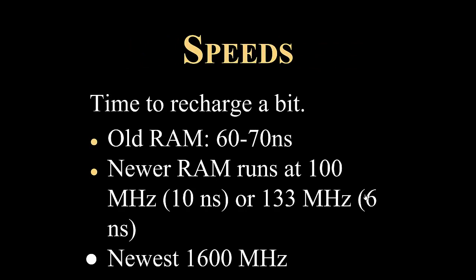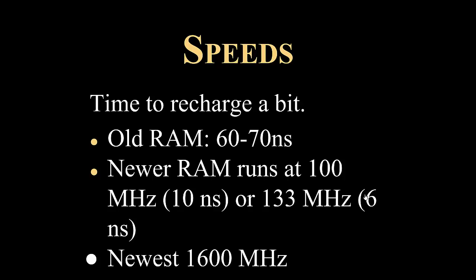Another way you can look at it is the time to recharge a bit, to keep it 0 or 1 in place. In old RAM, that was 60 to 70 nanoseconds. That's really old RAM. In newer RAM, if you had 100 megahertz RAM, it'd take about 10 nanoseconds to recharge a bit, at 133 megahertz, it would take about 6 nanoseconds.